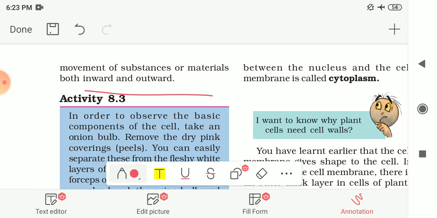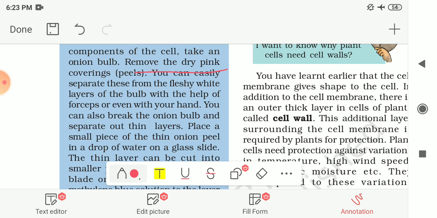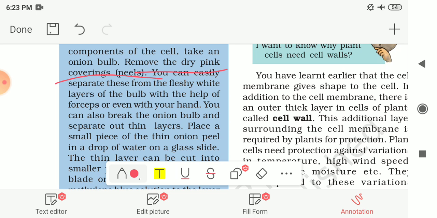In this activity we have to observe the basic components of the cell. For that we need to take an onion bulb, then remove a dry pink covering or peel from the onion.